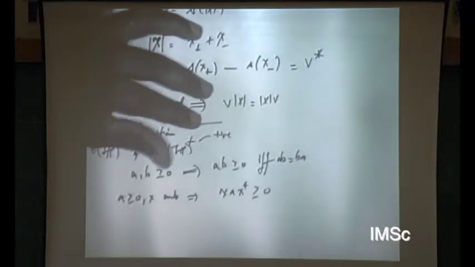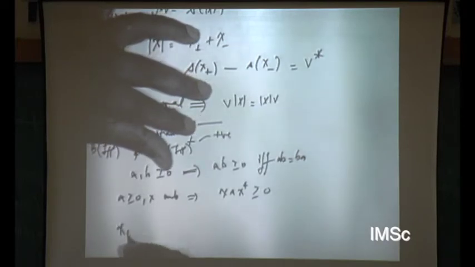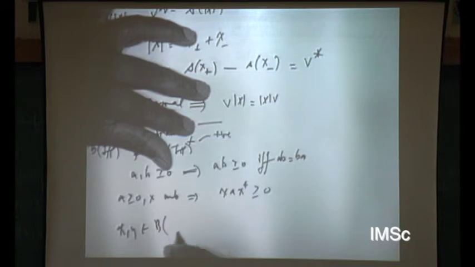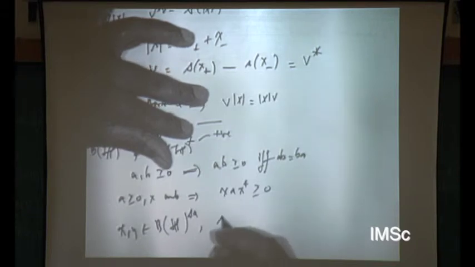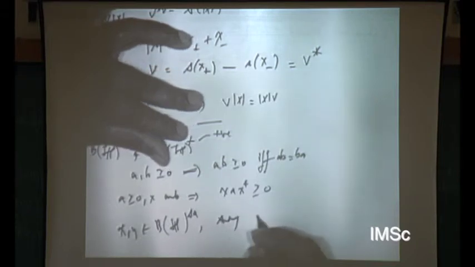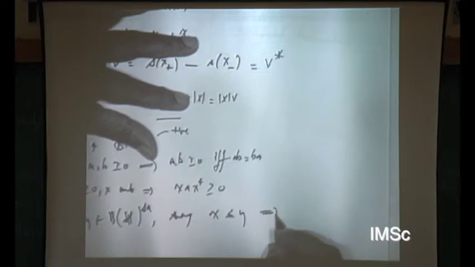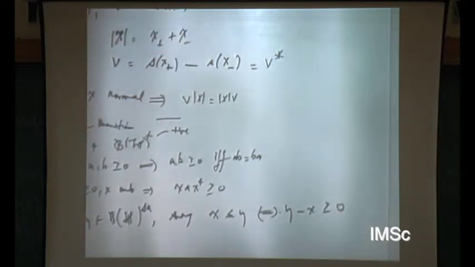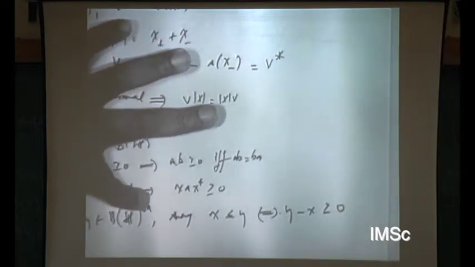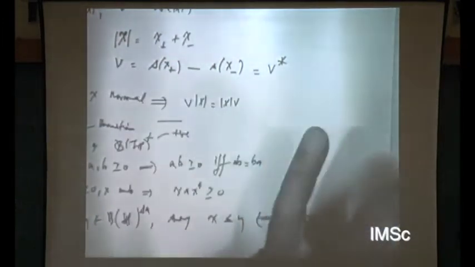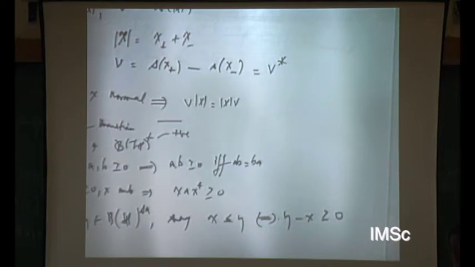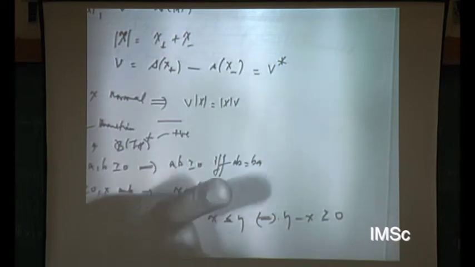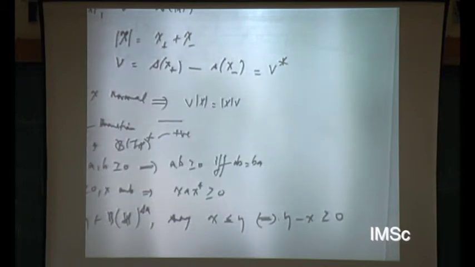For x, y in B of H self-adjoint, we'll say x is smaller than y precisely when y minus x is positive. But it is crucial that you want them to be self-adjoint. Usually we don't talk about one complex number being smaller than another complex number. Only for real numbers you talk about it. In the same way for operators, only for self-adjoint operators you talk about this order.